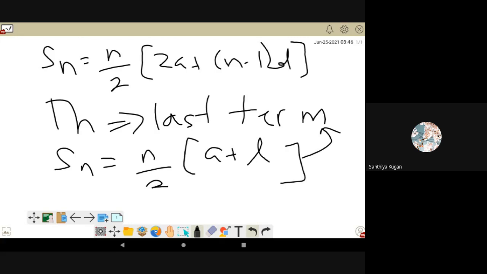Okay? So, any questions? I haven't found any questions yet, so when I find them we will discuss. So this is another derivation, another new formula from the original Sn. If we have the last term, we will use n over 2 a plus L.